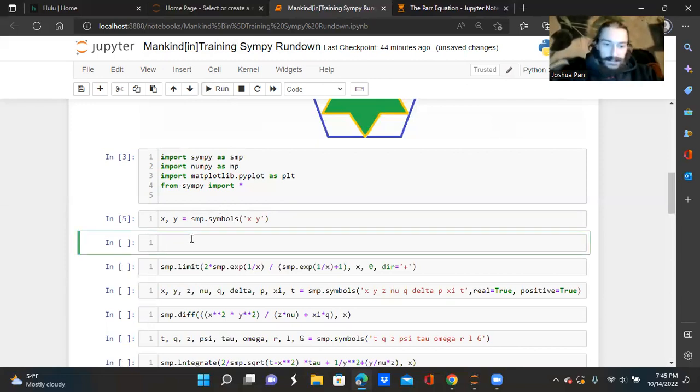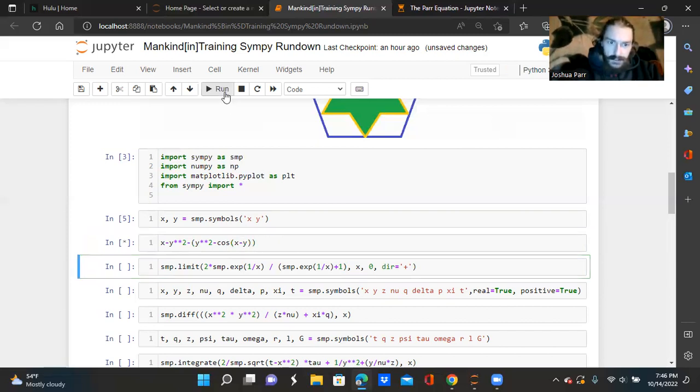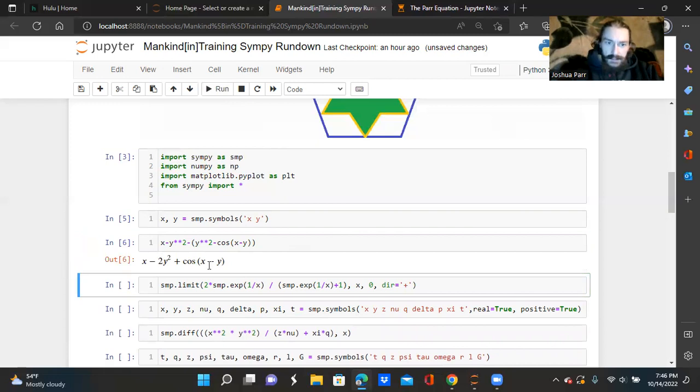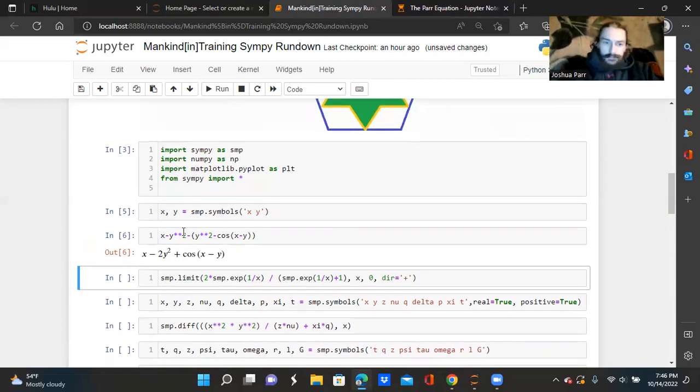So now you can do things like this: X minus Y squared minus Y squared minus cos of X minus Y. And if I run this expression, I get the expression now that it's recognized X and Y as symbols.